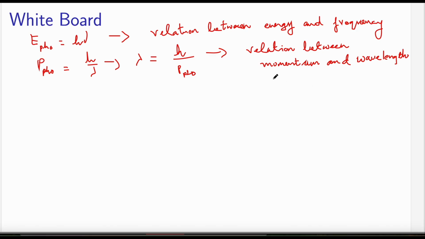So the first one is the relation between energy and frequency, and the second one is the relation between momentum and wavelength. So what de Broglie said is that these relations are of general nature.